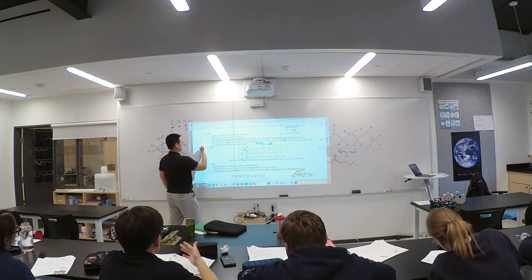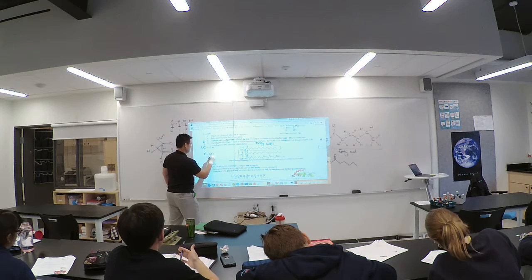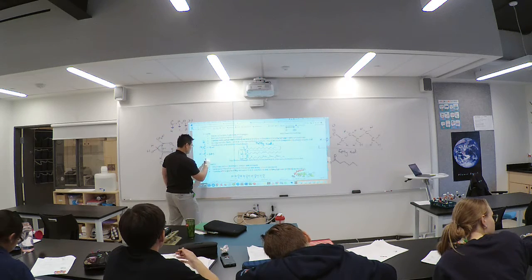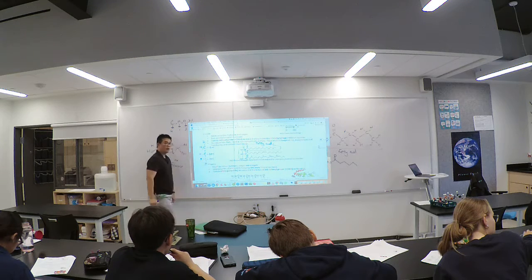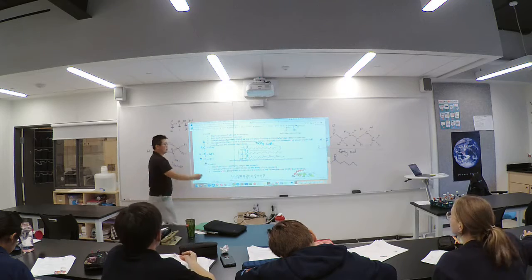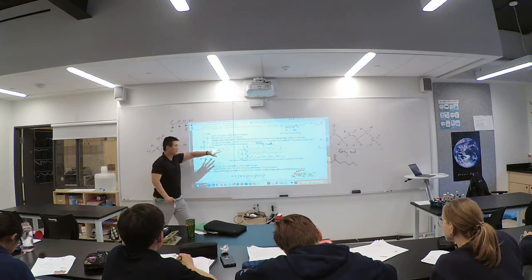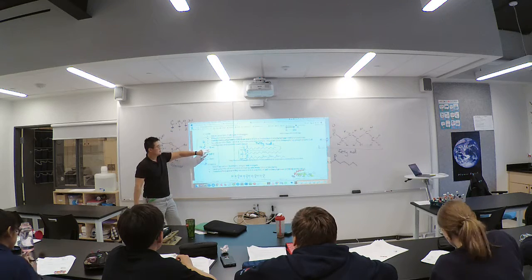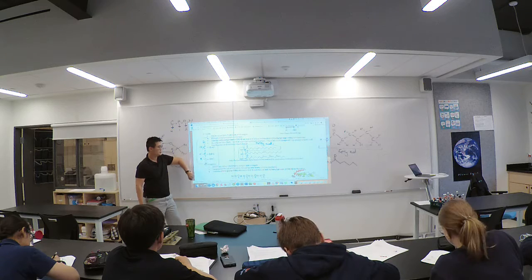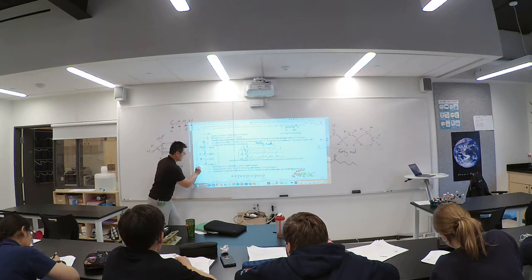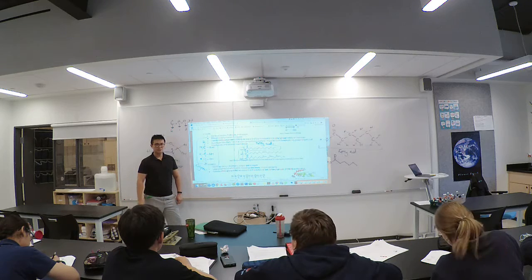So here, I might as well draw a note like this. So this is a glycerol. On its own, this is a glycerol. And in this case, there's oxygen here. There are 3 oxygens on the glycerol.